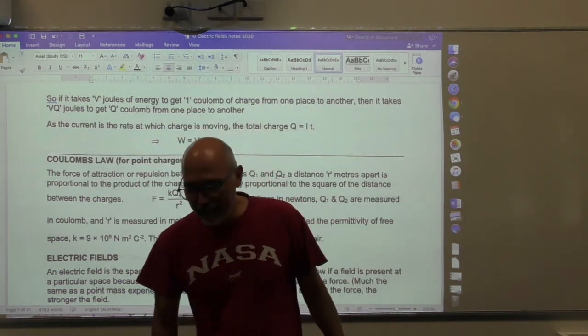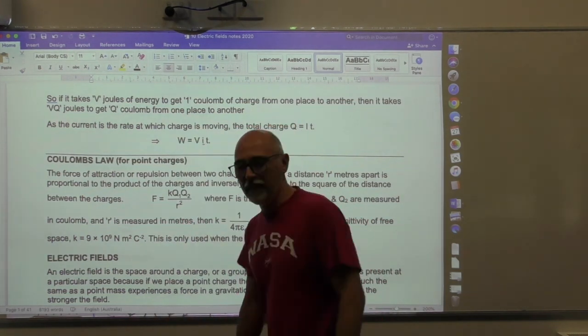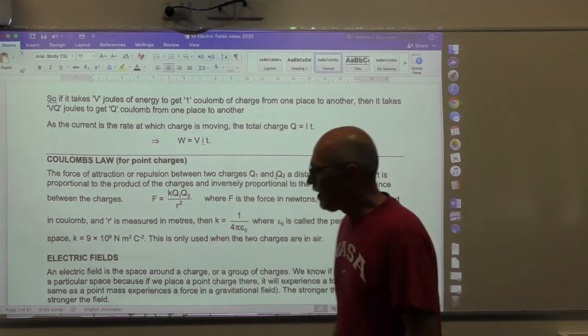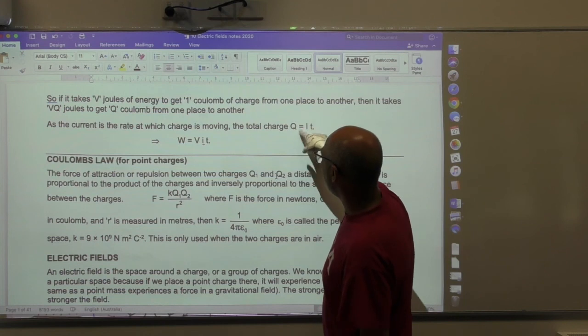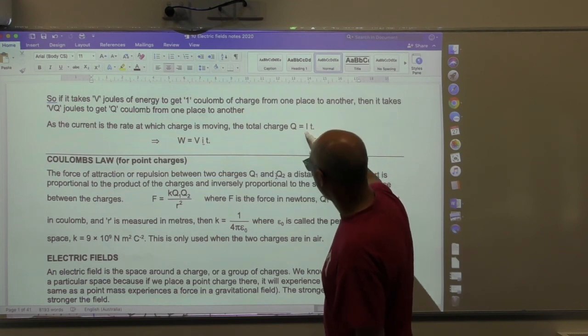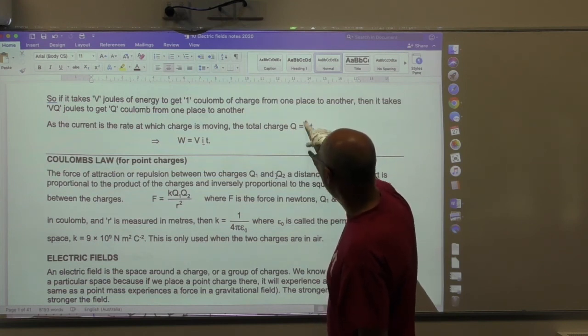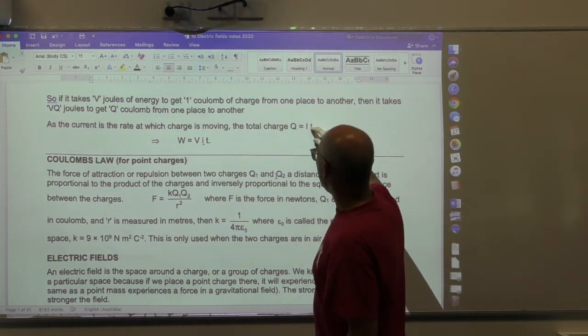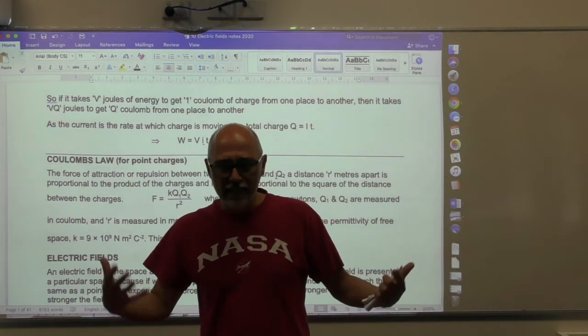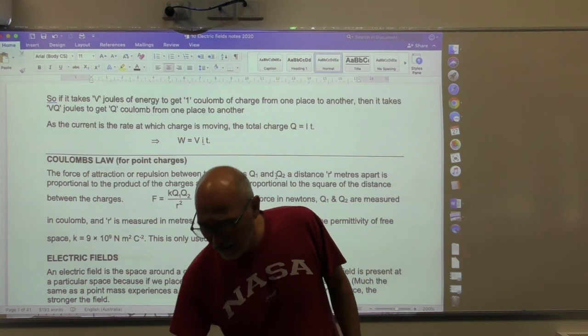None of that's enormously useful anyway, except maybe this one: charge is equal to the current, I, multiplied by the time, so amps times seconds. Again, not particularly useful in answering anything in this chapter.